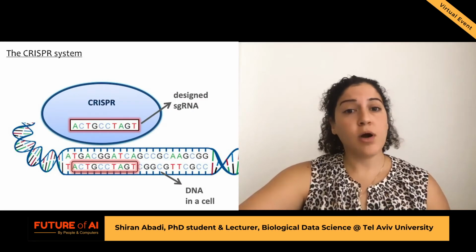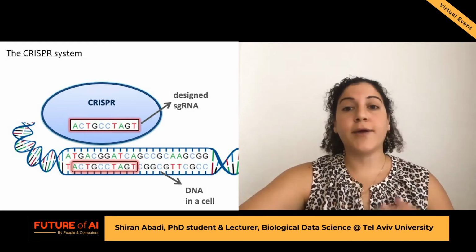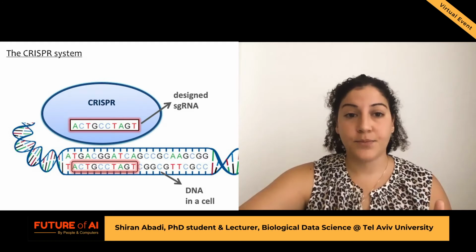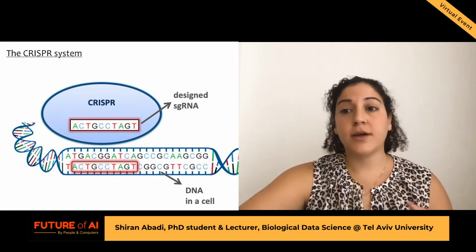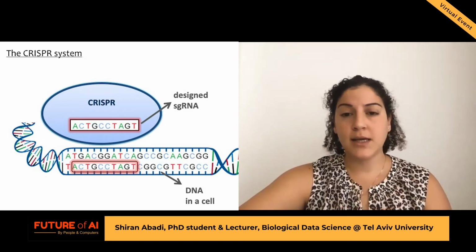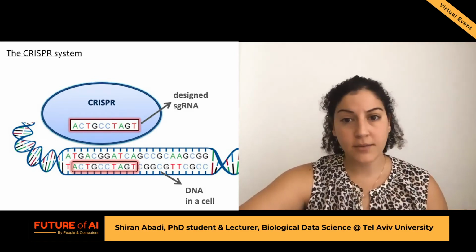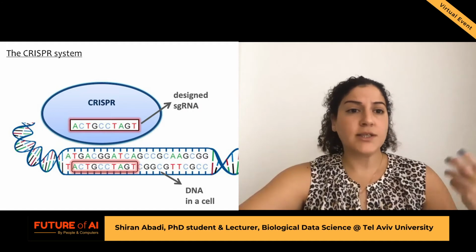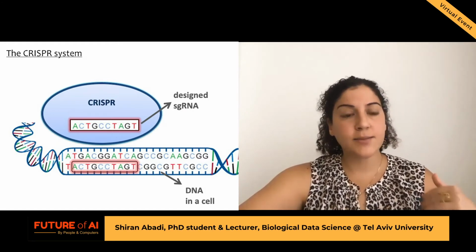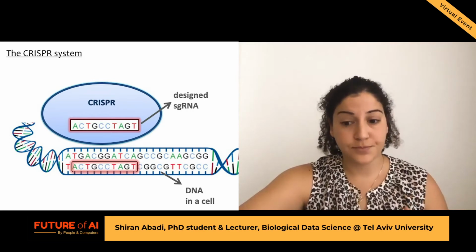So the aim of the researcher is to direct CRISPR to the target gene in the DNA. In order to do that, the researcher designs a short sequence that is very similar to the DNA. It's called sgRNA. And he has to design it such that the sequence is very similar to that of the DNA.